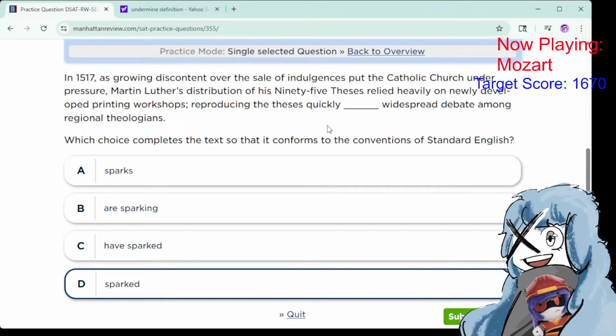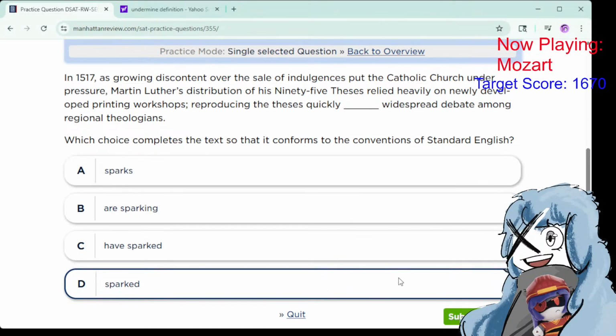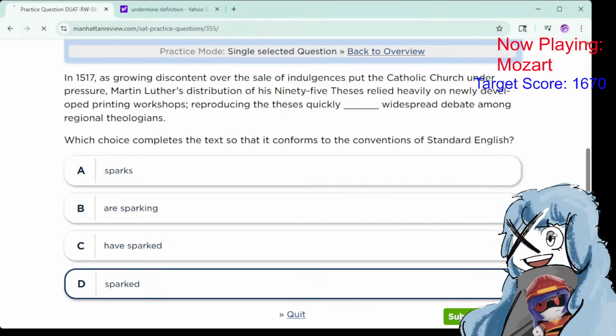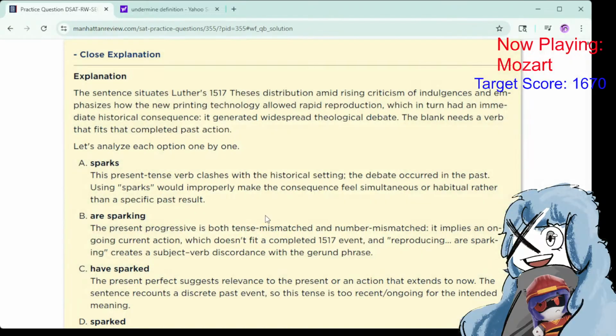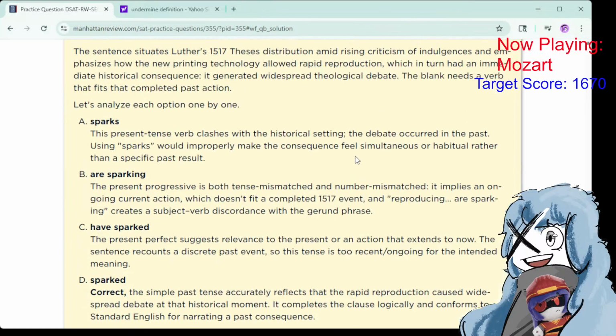It's not half sparked. Quickly half sparked. No. Or these quickly are sparking. No. It's present. Present tense. Yeah. These are all present.